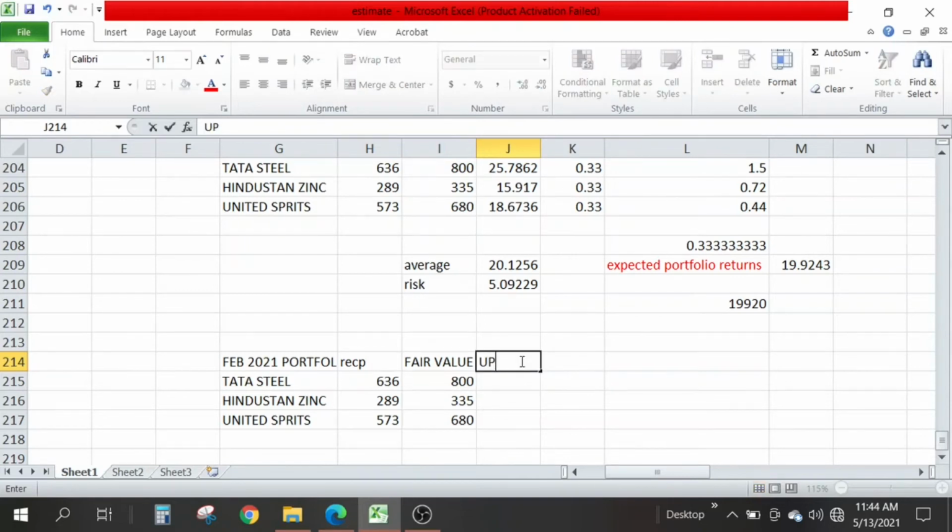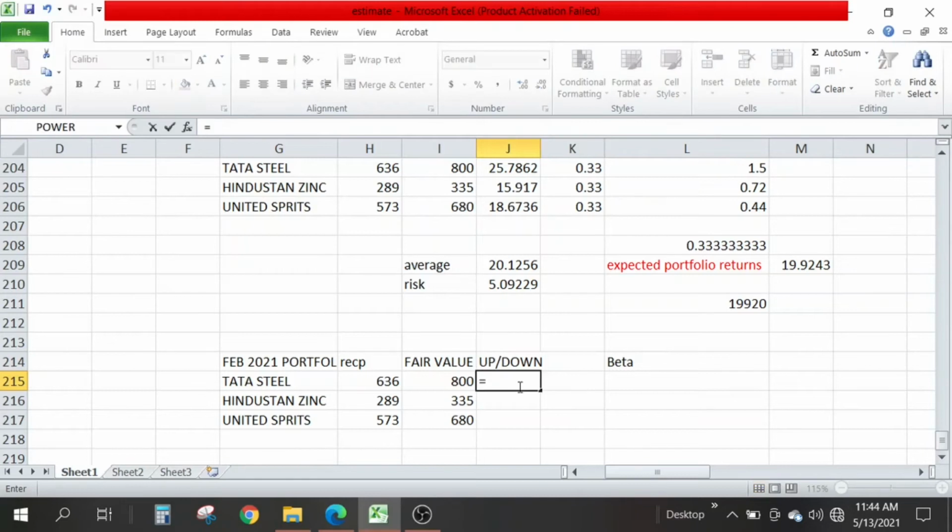Here we need the upside or downside. We need the beta of the portfolio, and here it will be the beta related to the markets or related to the index.